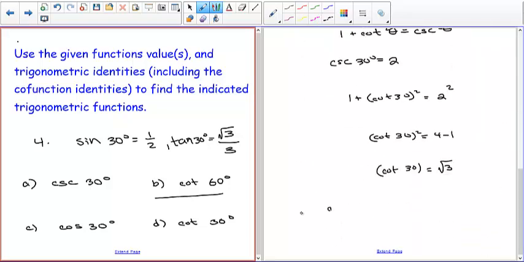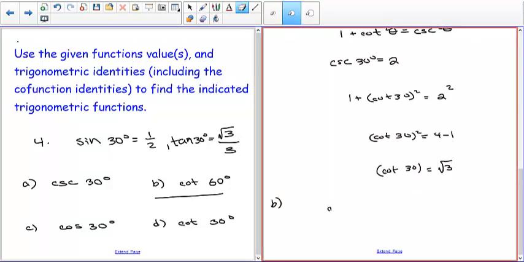So let's go back to B. So it says, this is on page, well, you might have a different book than I do, but it says that the cotangent of 90 minus theta is equal to the tangent of theta.